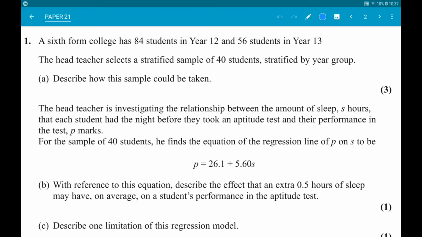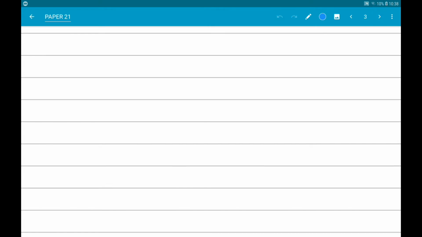Okay, so what we need to know first of all is what fraction of the year groups are being taken. So we need to work out how many students there are in total. So 84 and 56 is 140.